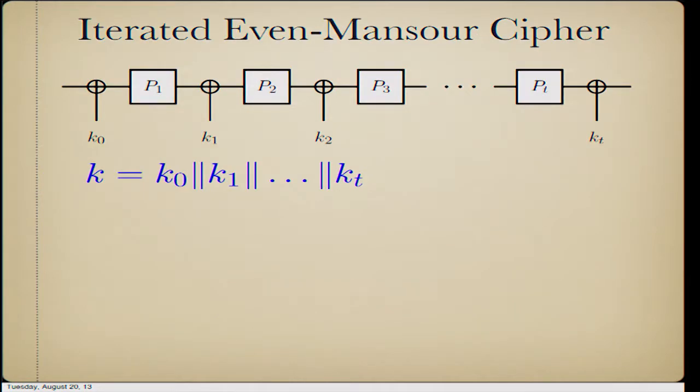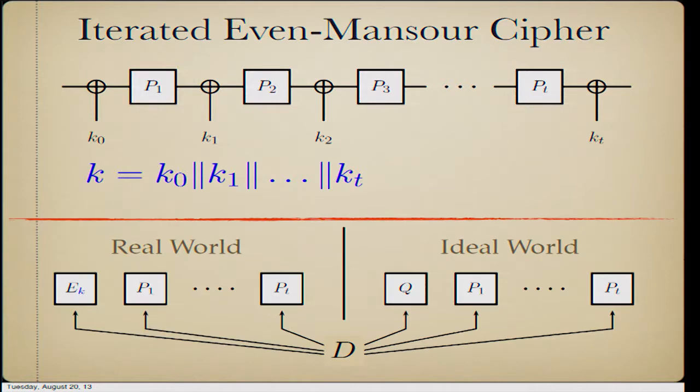OK. So this is the generalization to T rounds. Here I have K0 through KT, and each one of these is n bits, so the key is a (T plus 1) times n bit string. I can consider basically the same experiment.